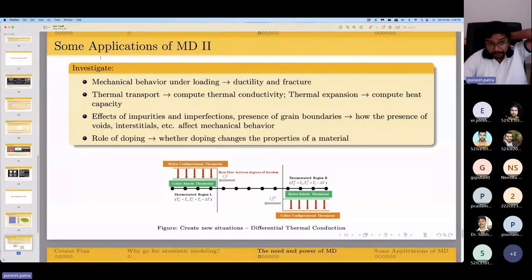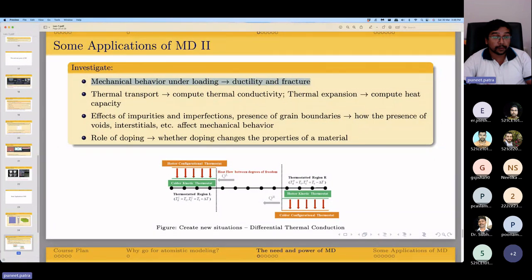You can investigate problems such as what the behavior of a material is going to be under loading, that is the ductility and the fracture behavior. You can investigate thermal transport phenomena, that is calculate thermal conductivity, coefficient of thermal expansion, heat capacity. You can find out the effect of impurities and imperfections and grain boundaries on the mechanical behavior.